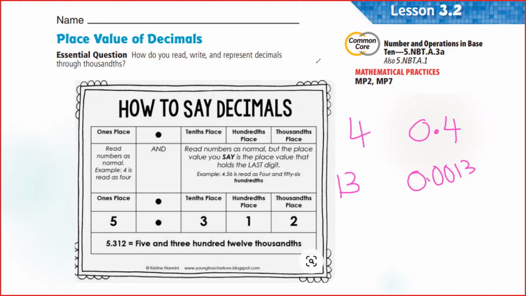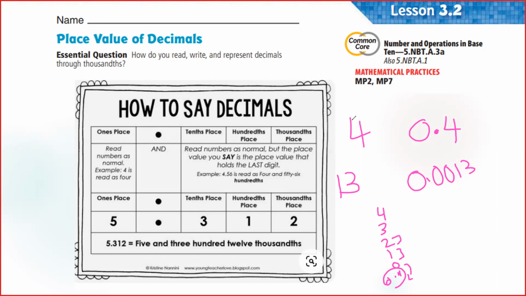So a decimal is a number between the whole numbers: 4, 3, 2, 1, 0. Between 0 and 1, we call them decimal numbers. Between 1 and 2, we call them decimal numbers. Exactly, the numbers are whole, and between them, we call them decimals.